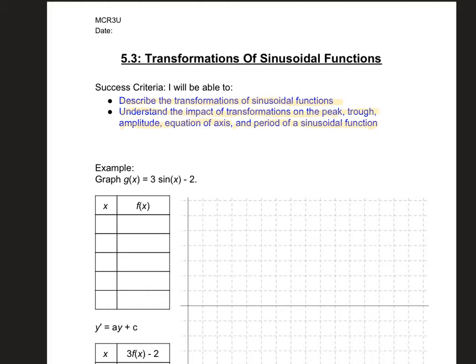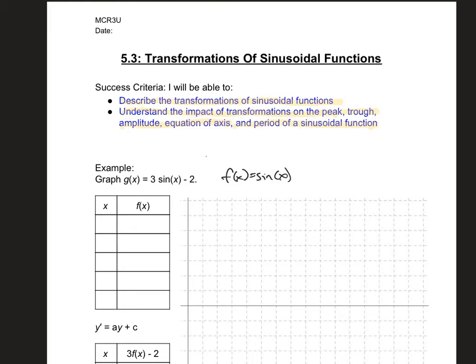So we'll start off with an example where here is just a vertical transformation, transformations that affect the y value. So let's start off with just our parent function of f of x equals sine of x.